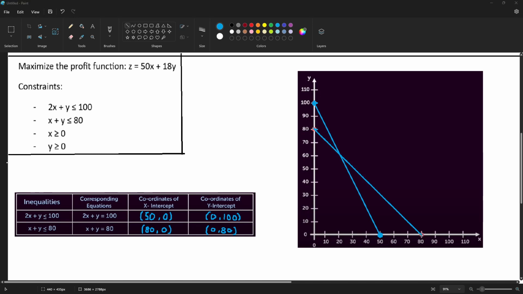So, the next step is to determine the optimal solution. To determine the optimal solution, we must first determine the feasible region. And the feasible region is determined by all constraints. So in this case, the points of the feasible region are as follows.